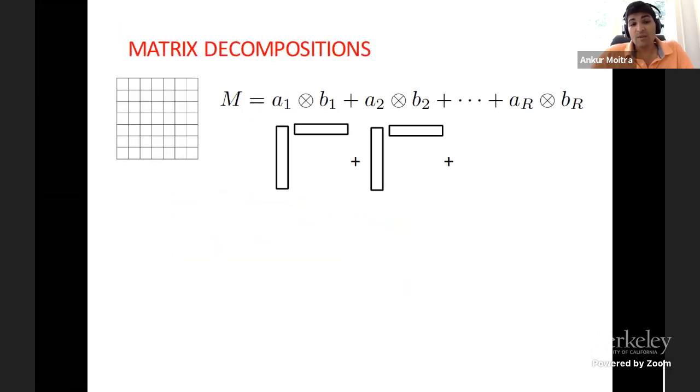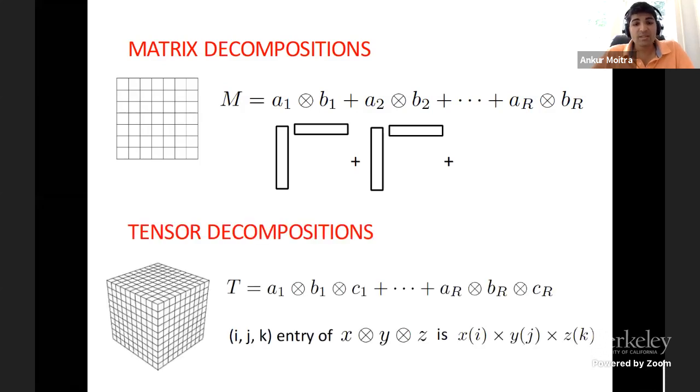So first, we have the notion of a matrix decomposition that I described before. You can think about a traditional matrix decomposition as writing M as the sum of capital R rank 1 matrices. Each one of these rank 1 matrices is an outer product between an A sub i and a B sub i. Well, tensor decompositions look basically the same.